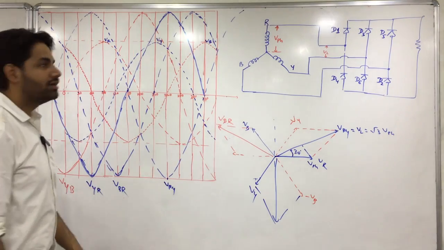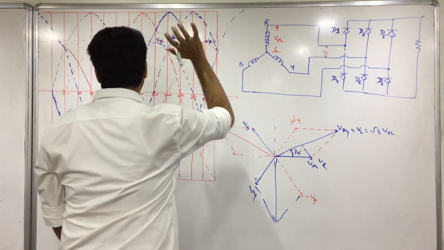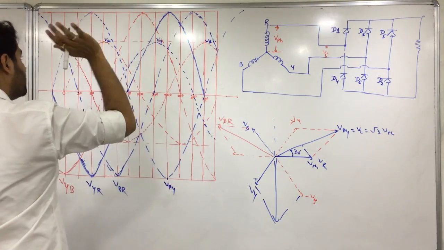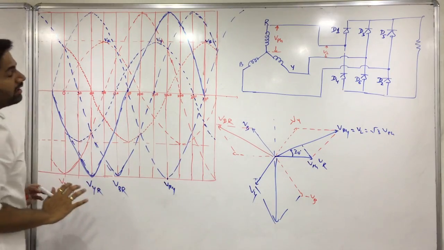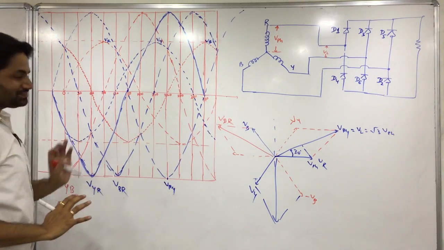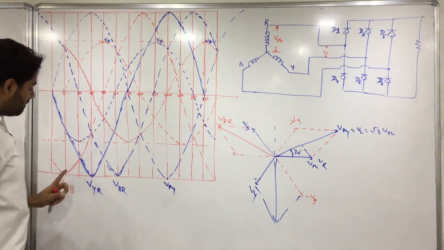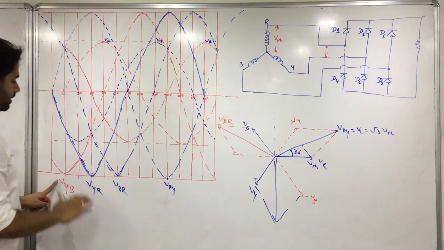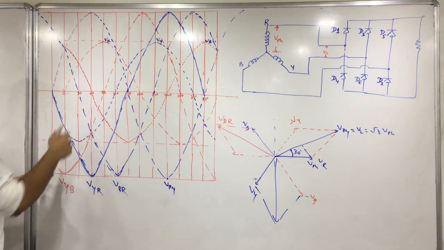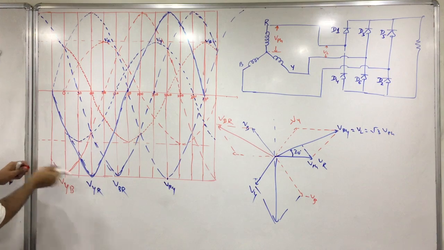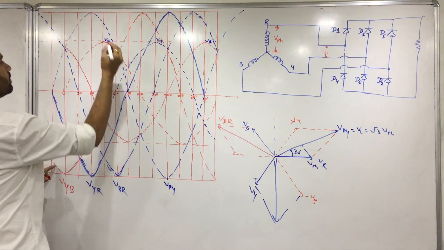Yes or no? Okay, we have to write it here as well, but we will write it now. Now, let's deal with the second one. We have drawn RY, then YB. So BY will be the opposite replica of this. So I'll draw the replica of this.